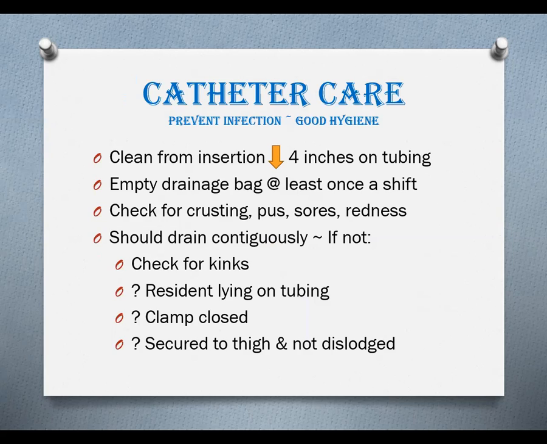Because sometimes you may forget to close the clamp, and then pee will just be going straight onto the floor. And also make sure that the tubing is well secured to the thigh, and that the catheter is not dislodged. So those are the things that you should be checking for if you notice that the urine is not draining into the bag.